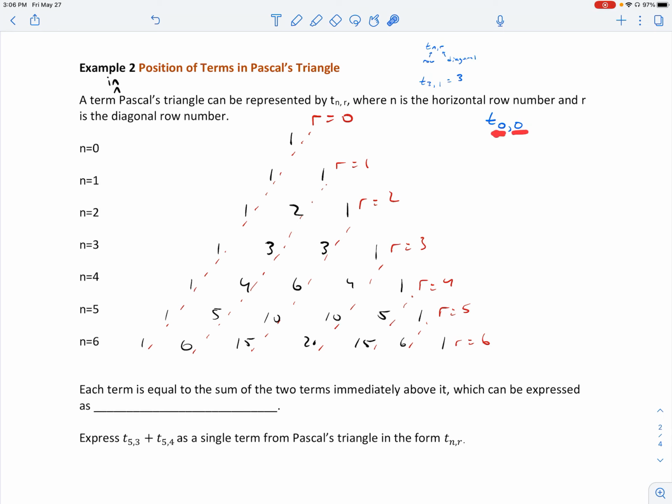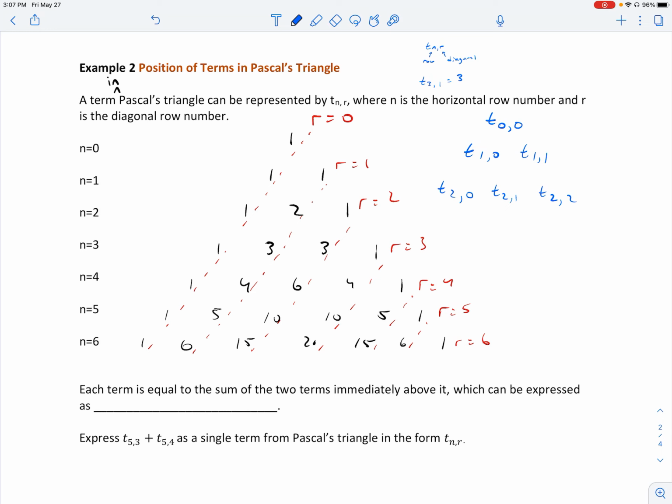The first part represents the row number, and that's what's going to increment. So we'll have T 1 comma 0, and then this one over here would be also row 1, but this time diagonal 1, so it goes T 1 1. This entry here would be the second row, so T 2, still diagonal 0. The next one over would be T, still row 2, but this time diagonal 1, and then T row 2, diagonal 2.